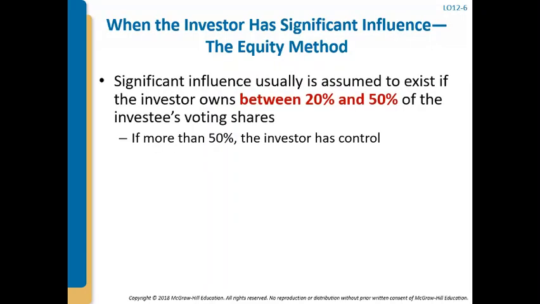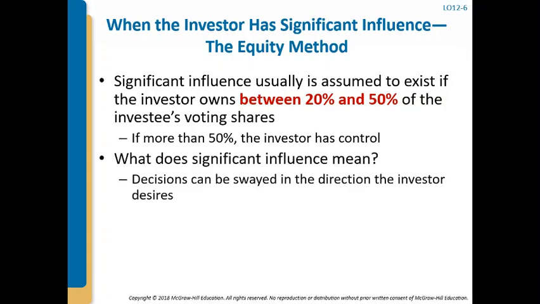All right, when the investor has significant influence, you use the equity method. And like I said, it's usually assumed when the investor owns 20% to 50% of the investee's voting shares. What does significant influence mean?